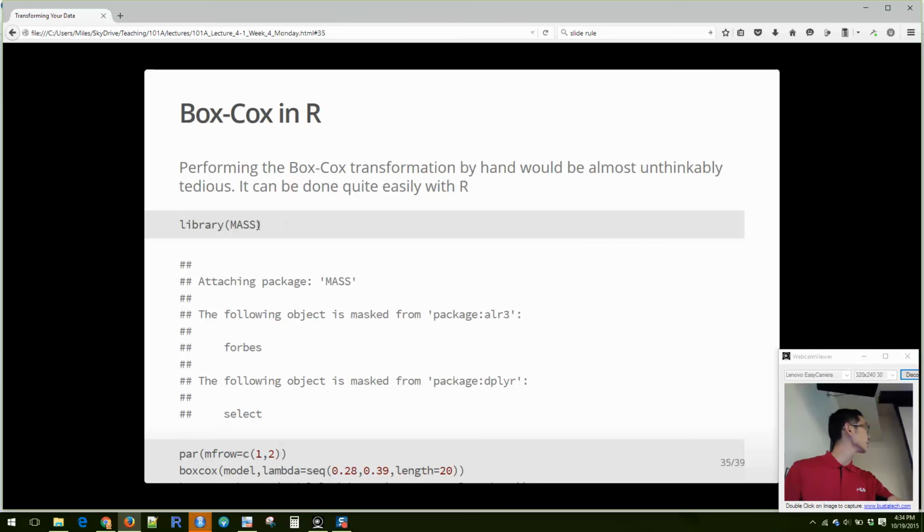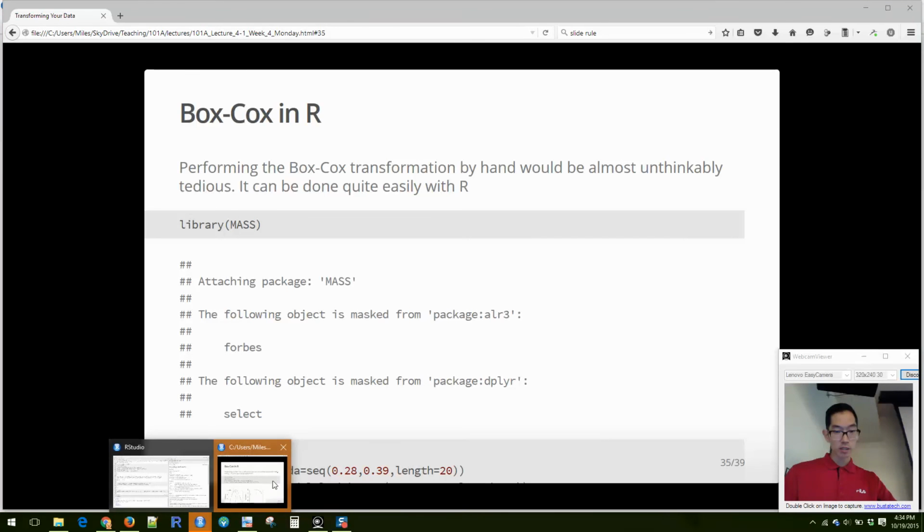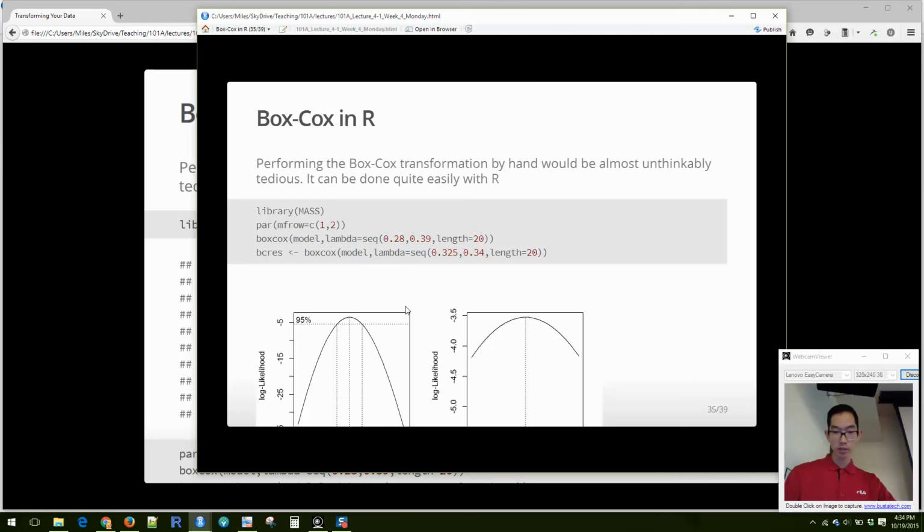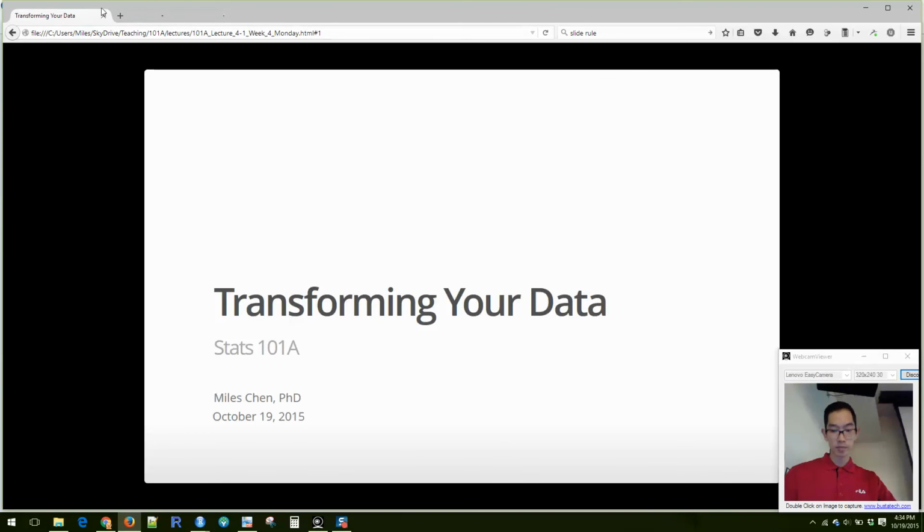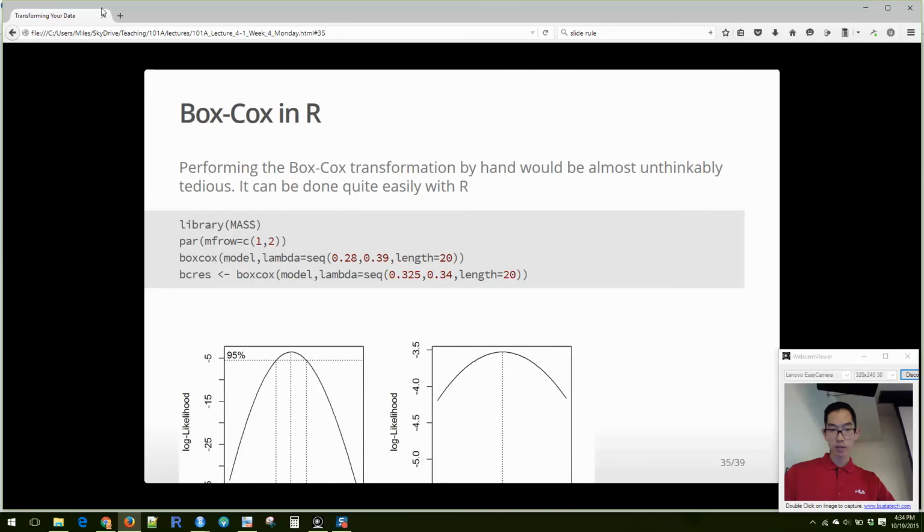So this is implemented nicely in the library MASS. Okay, well.